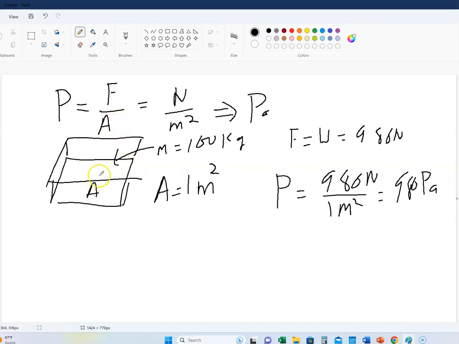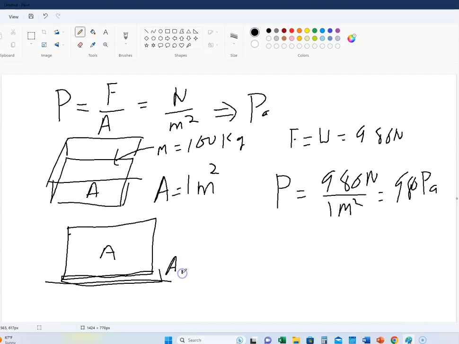Now let's say that this was a rectangular block, and now I stand it on one end. Okay, so this is the ground right here, but now this thing is on the end. So this was the area right here, but now this part right here is what's touching the ground, and that's some new area. I'll call that A prime. Let's say that when you turned it on the end, I'm just going to make it smaller, just to demonstrate how the pressure changes.